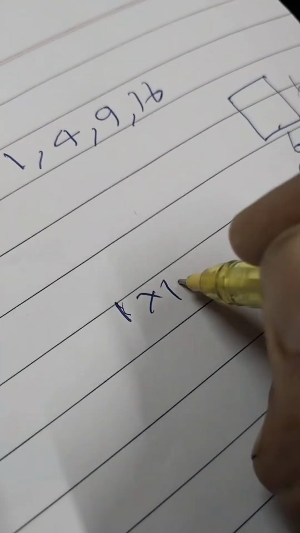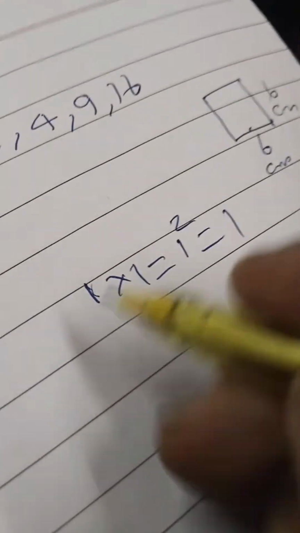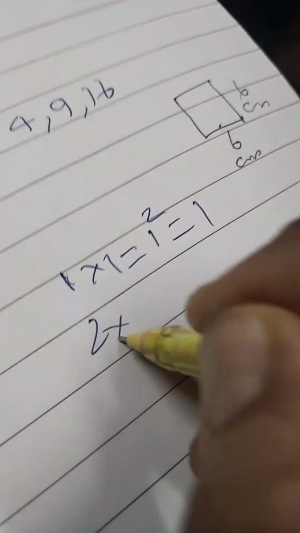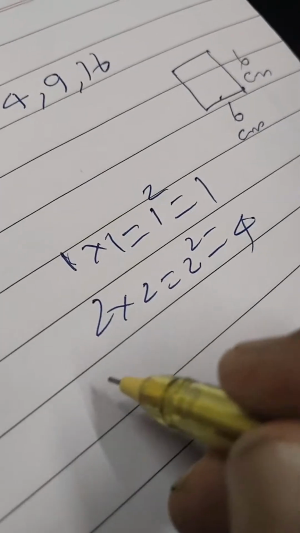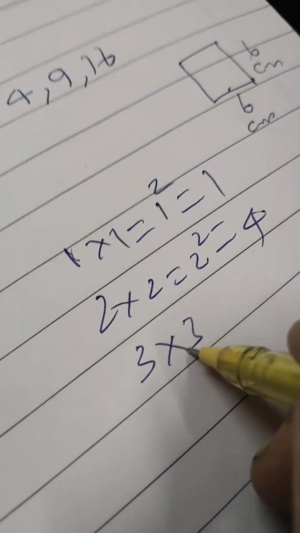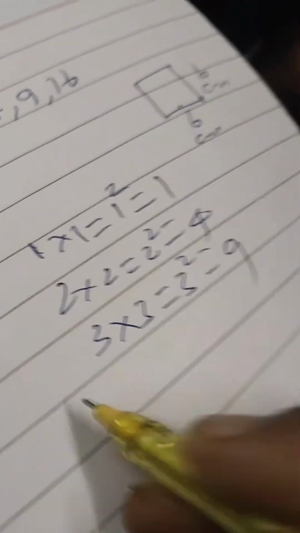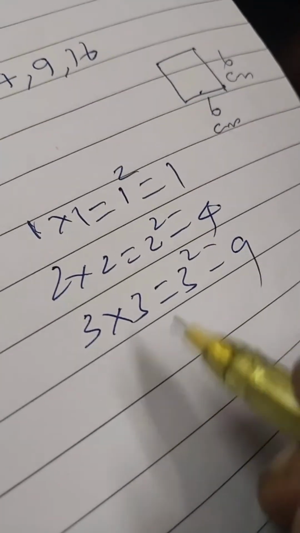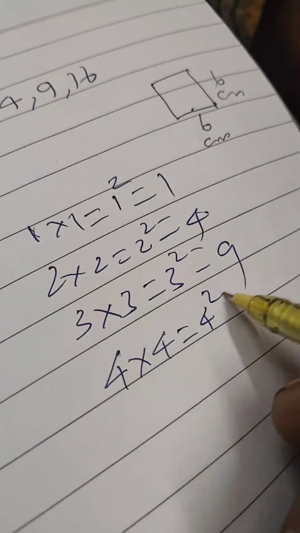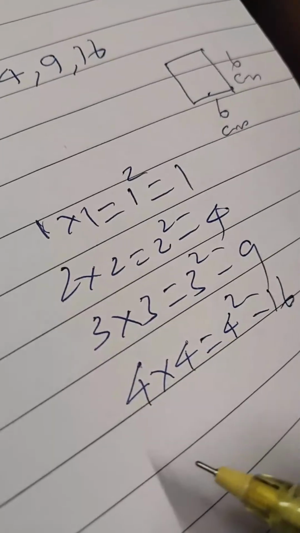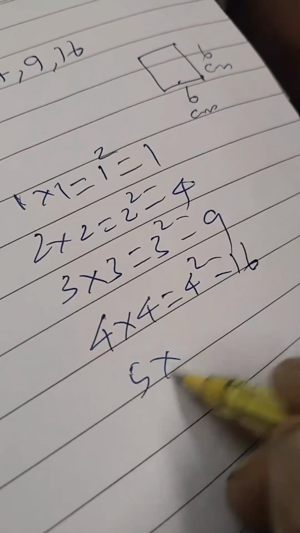We use the following notation for squares. 1 into 1 is equal to 1 square is equal to 1. 2 into 2 is equal to 2 square is equal to 4. 3 into 3 is equal to 3 square is equal to 9. 4 into 4 is equal to 4 square is equal to 16. 5 into 5 is equal to 5 square is equal to 25.